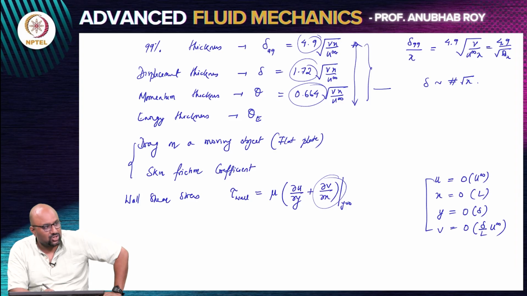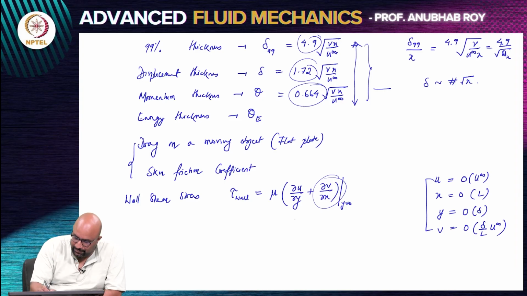Now, you check in the shear stress. The first term is u infinity by delta. The second term, the numerator is delta by L times u infinity and denominator is L. What can you say about the ratio of the two terms?